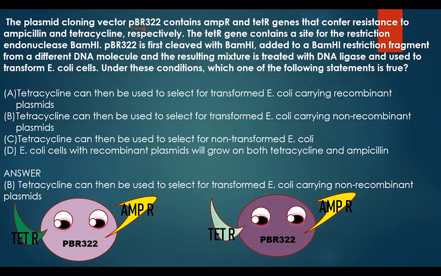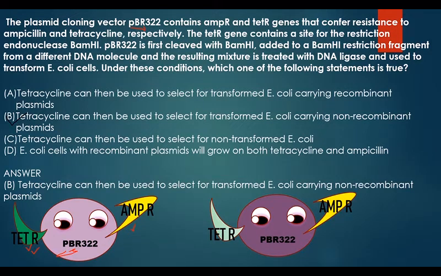The answer is B. Tetracycline can then be used to select the transformed E. coli carrying the non-recombinant plasmid. The PBR322 is itself a transformed E. coli plasmid. So in the presence of tetracycline, only the tetracycline resistant plasmid can grow. Here you can see a plasmid which has both tetracycline resistance and ampicillin resistance genes.